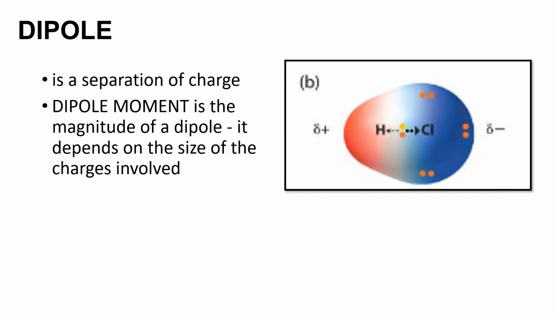The result of this uneven sharing is a dipole moment, or dipole, a separation of charge within the bond. Which bond has an even electron sharing? Among the three bonds that we've discussed, the nonpolar covalent bond is the one with equal electron sharing. In the example of hydrogen fluoride, the reason hydrogen is electron poor and fluorine is electron rich comes down to differences in electronegativity and how the electrons are distributed in the bond.